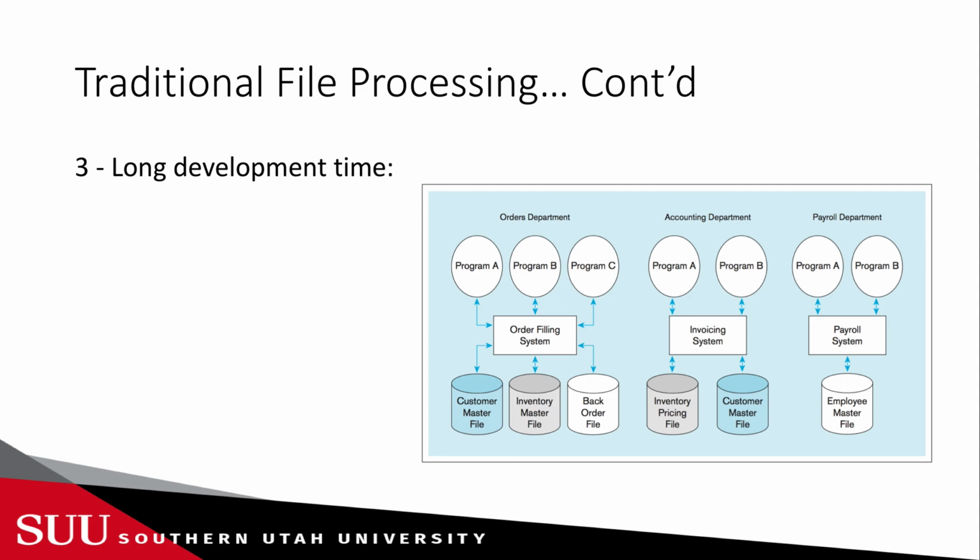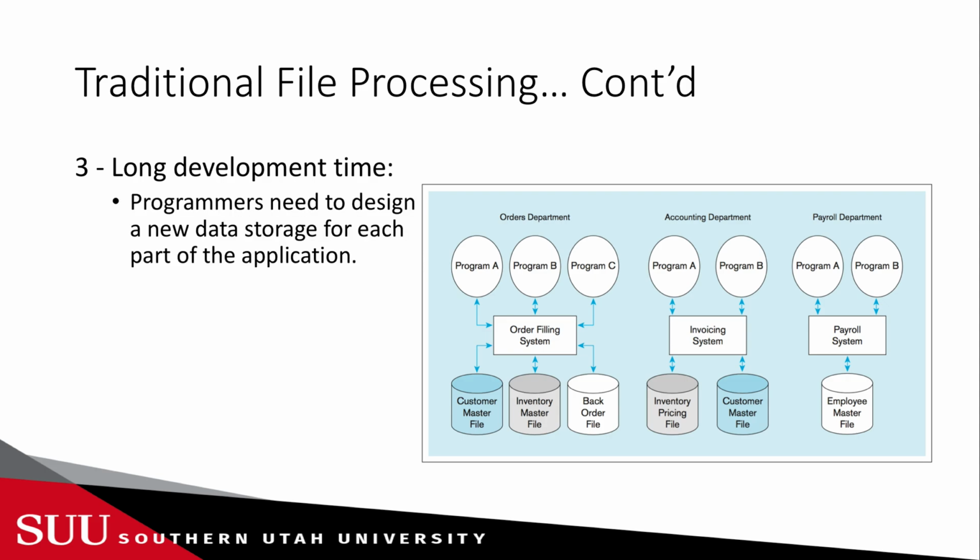So we will also have the problem of a longer development time because the programmer will need to design a new data storage for each part of the application. For example, this customer master file will have to be tailored to the invoicing system, and it will have to be tailored to the order filing system.